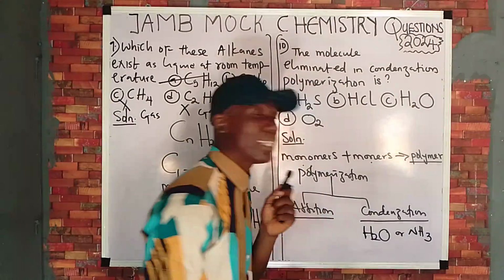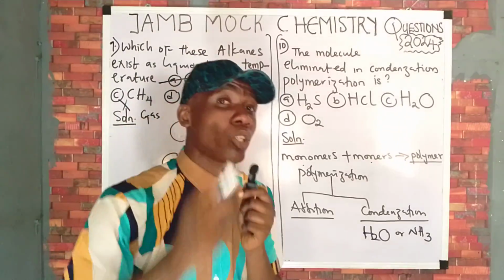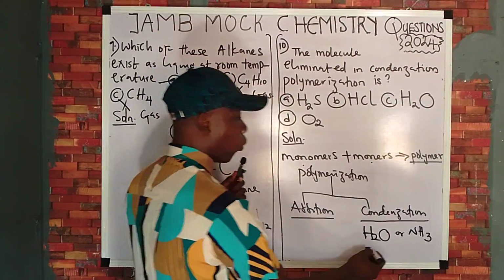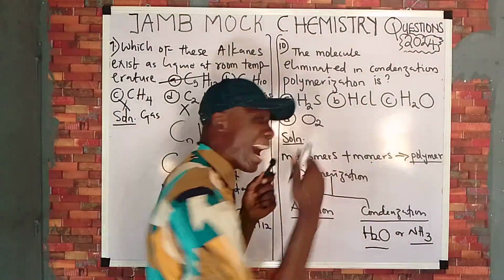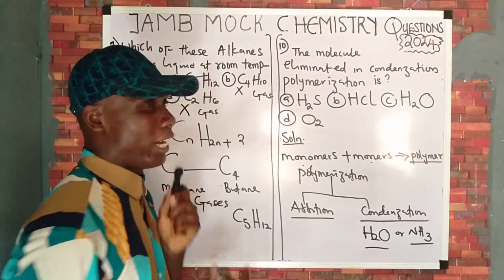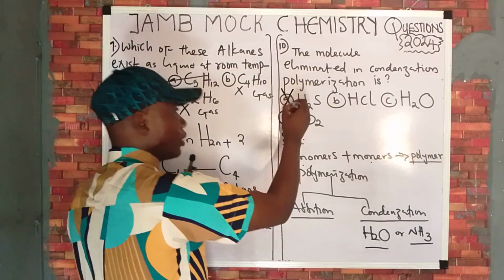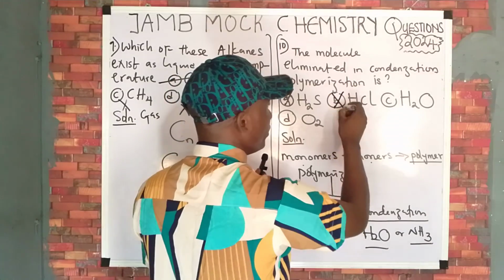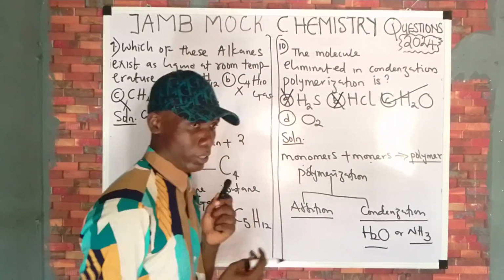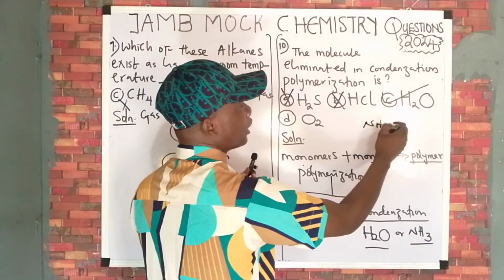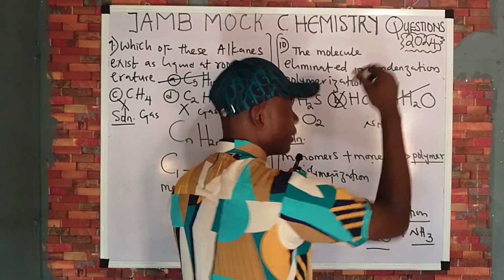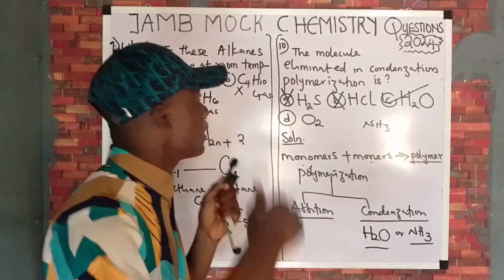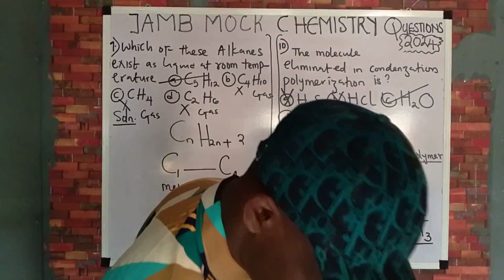So the molecules that are eliminated in condensation polymerization are water and ammonia. Take note of that, please. So the answer is not A, not B, the answer is C. If there was ammonia in the option in the absence of water, that would have been the answer. So let's take other questions, please.